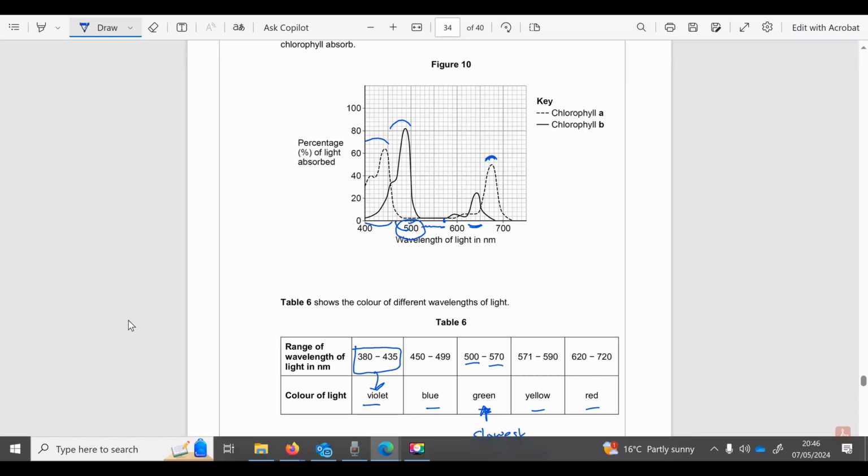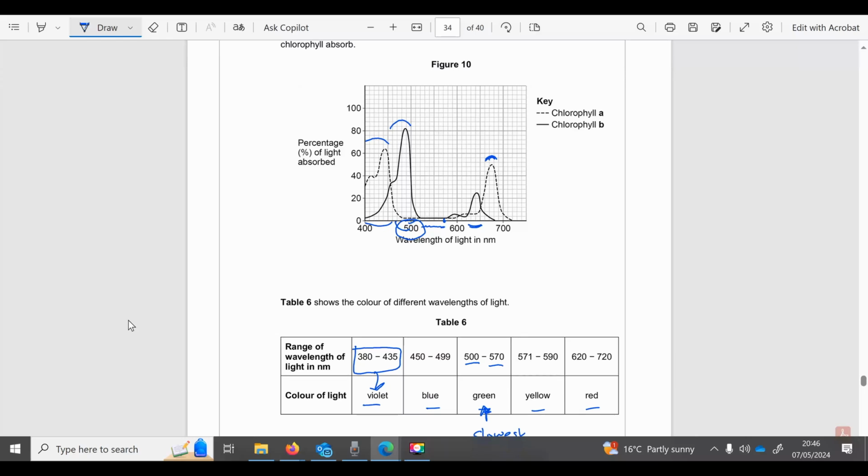So it's not absorbing any light. If something is not absorbing any light, then it means one of two things. It means the light is passing straight through it, or the light is being reflected. In this case, it's going to be very tricky for us to say that the light is passing through the leaf.